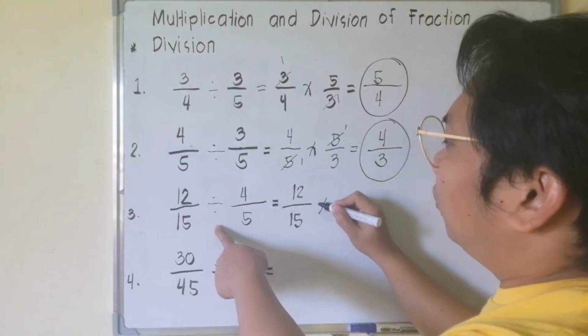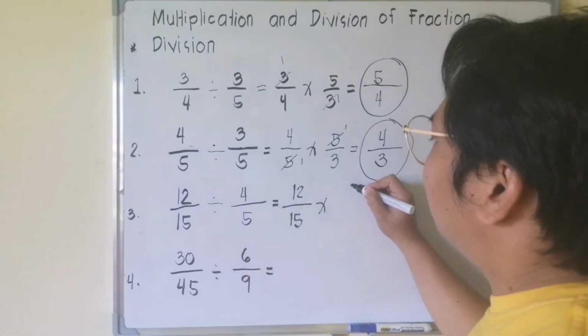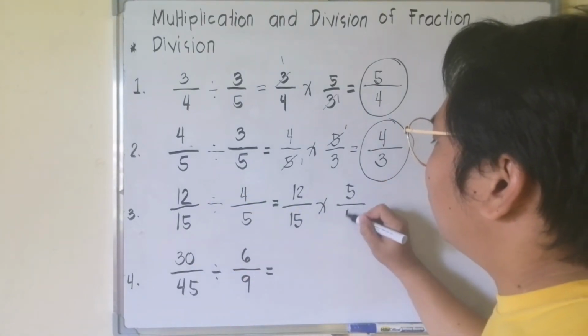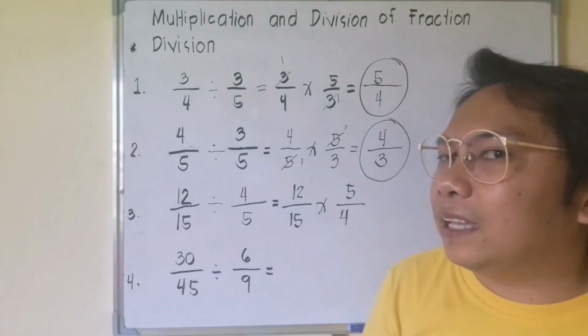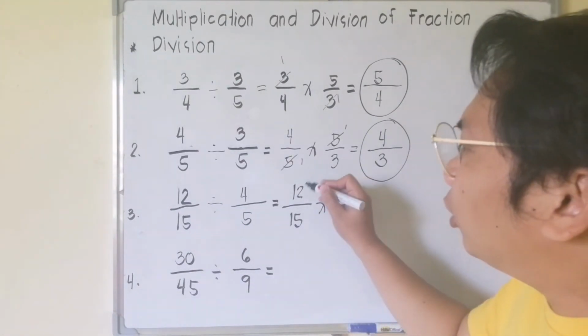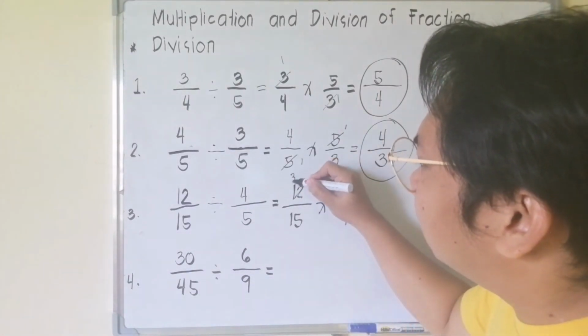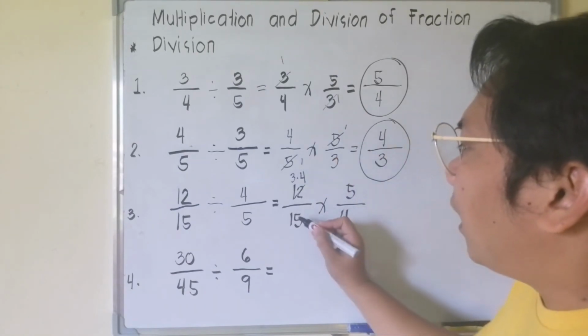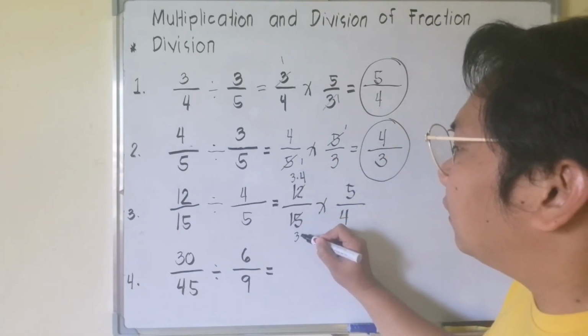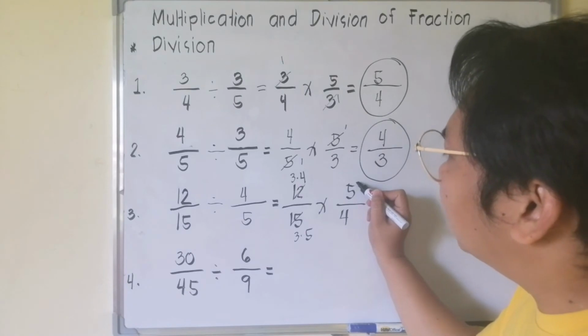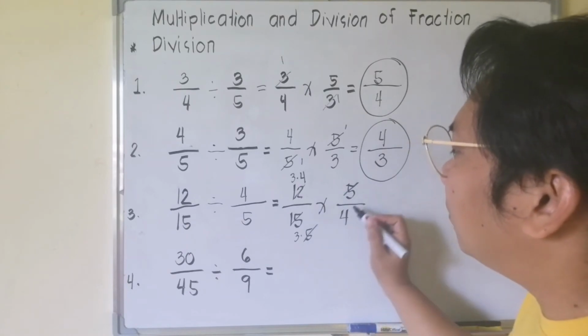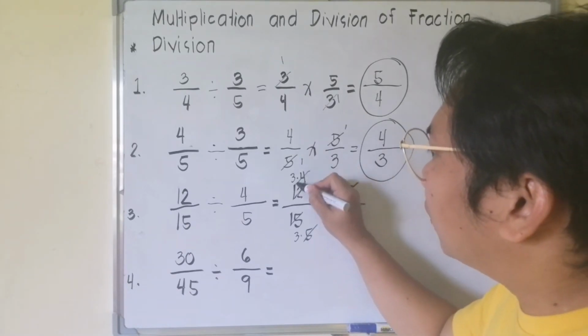With number 3, again, we have 12/15. Change this one into multiplication and take the reciprocal. That's 5/4. So meron ba tayong makikita pwede makancel dyan? You know that 12 is 3 times 4. And you know that 15 is 3 times 5. So we can cancel this one, 5 here with 5 there, 4 and 4 here.